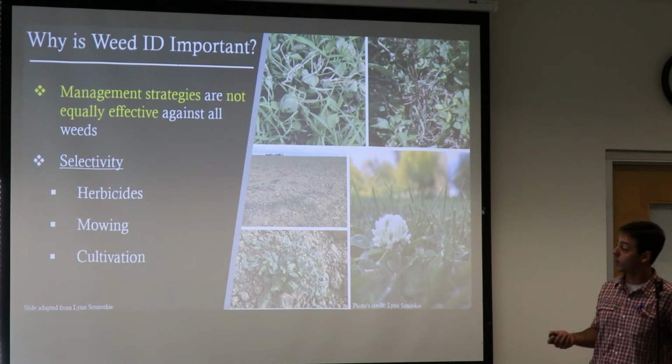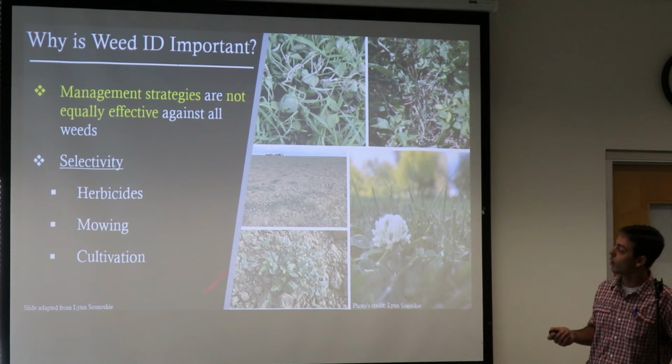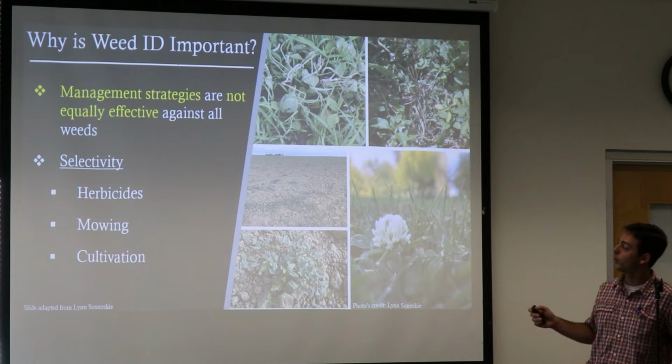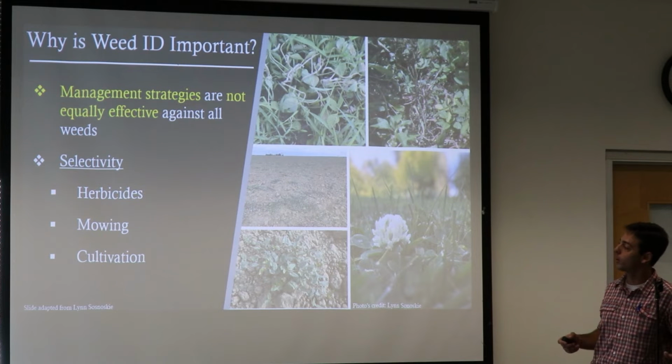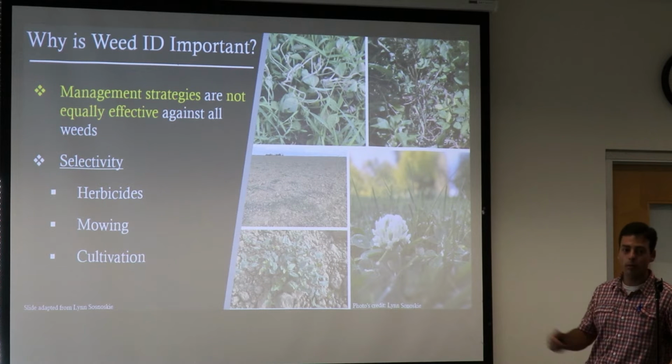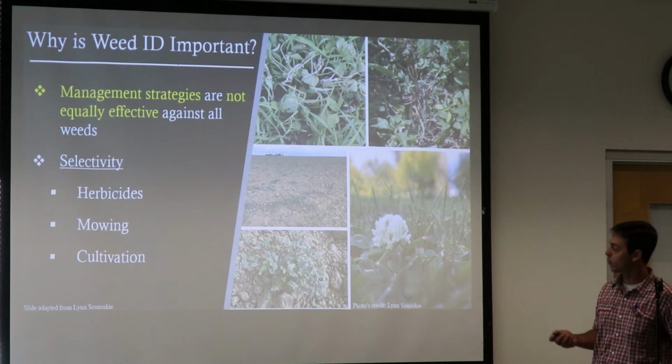On the other hand, sometimes if you run a tillage implement in a field that already has established rhizomes, and you don't do it often enough to deplete the reserves of the plant, you can even spread those rhizomes in your area, so it can be even worse.